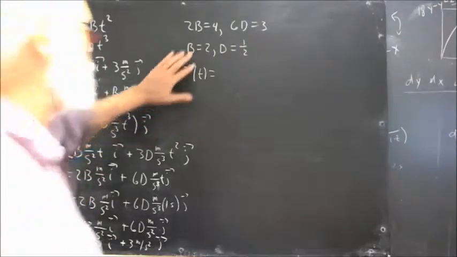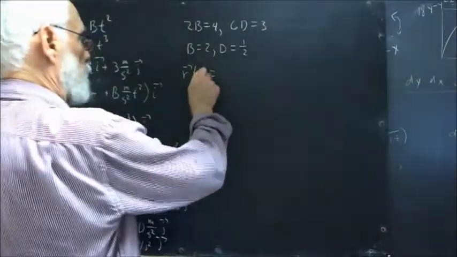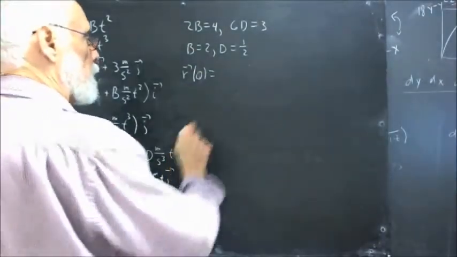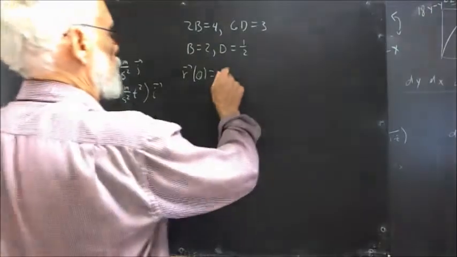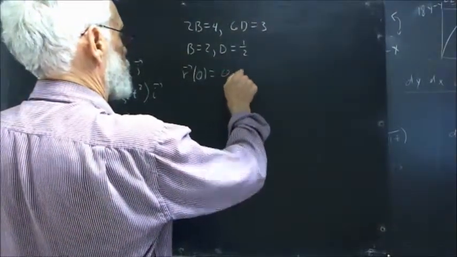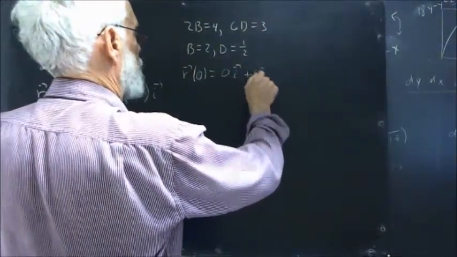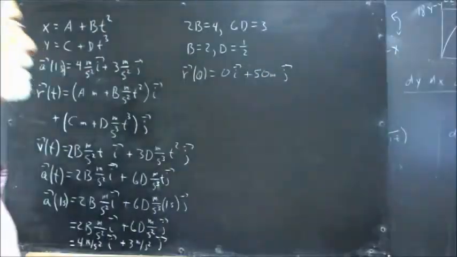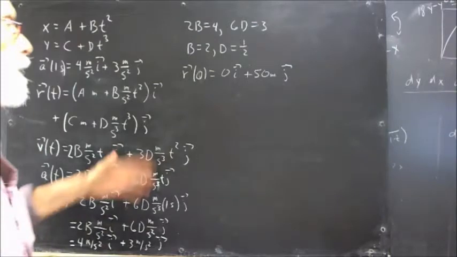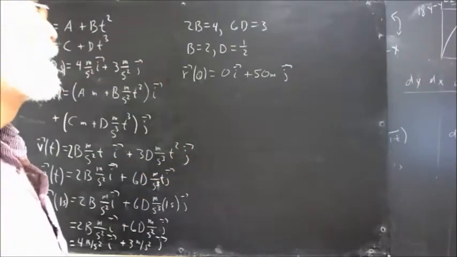Okay, we have another condition that I didn't write down. The r of 0 in this particular problem is going to be 0i plus 50 meters times j. And this corresponds to a rocket fired from a tower 50 meters tall.